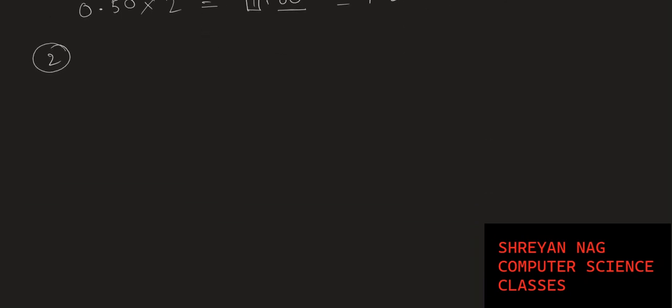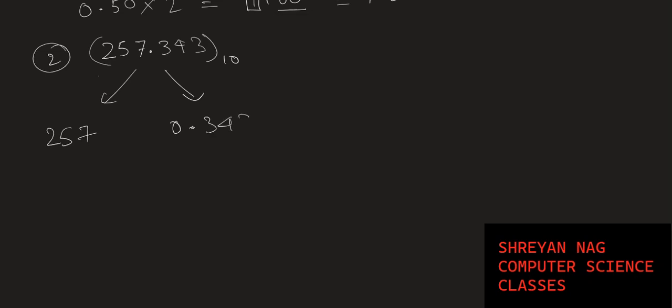Let us take an example of 257.343. We are going to convert this decimal number to binary. We separate these two parts. 257, let us convert it. 2 128s are 256.